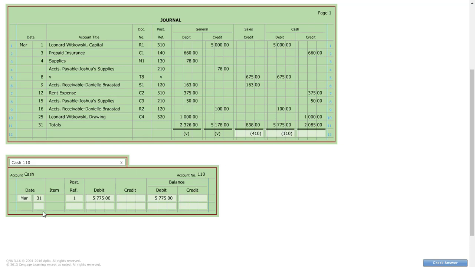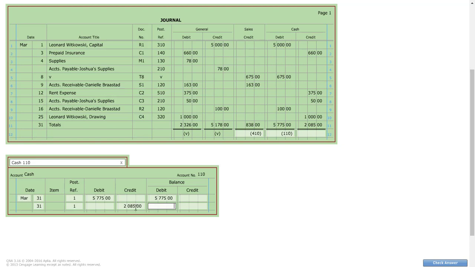Now I'm going to do cash credit. Every line in your ledger needs to have a date. So I have to put the 31st again. Post reference is 1 to indicate that I'm getting it from page 1 of a journal. And then I am going to go through and do cash credit of $2,085.